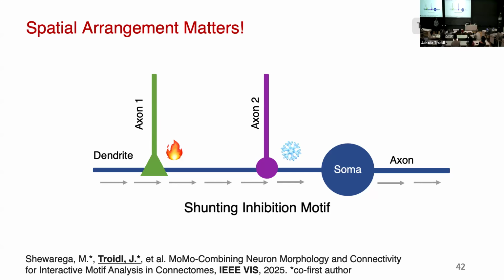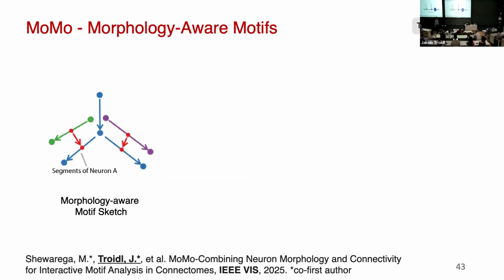And maybe the key point to take away is that the order in which these two neurons connect to this particular blue neuron is very important in order to implement this circuit motif. So the spatial arrangement here actually matters.